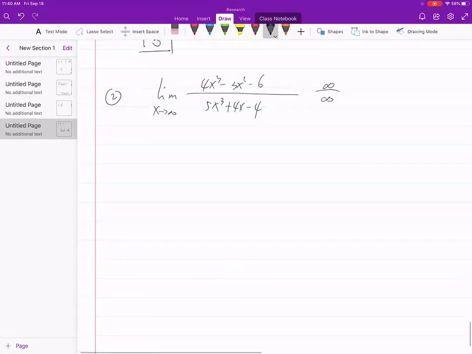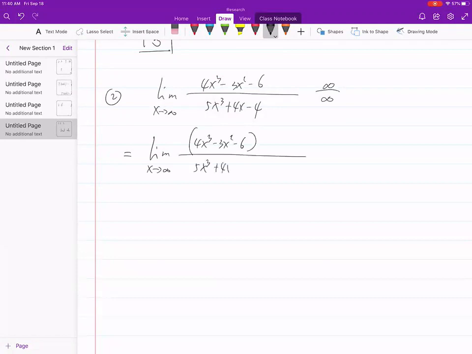Infinity over infinity. What should we do? We should divide by something, right? What should we divide?